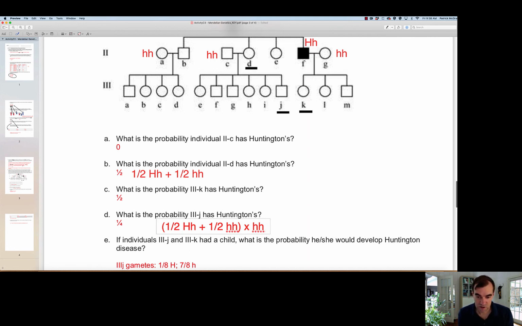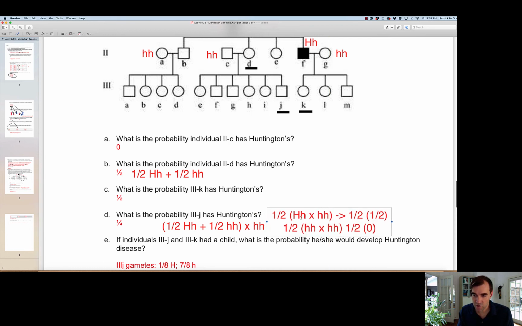And so let's kind of write it out like this. Let's see if this helps. So in this case, there's a 50% that the cross goes like this.